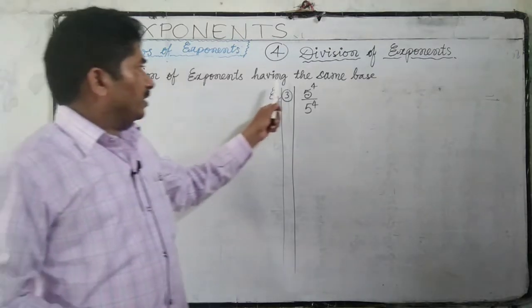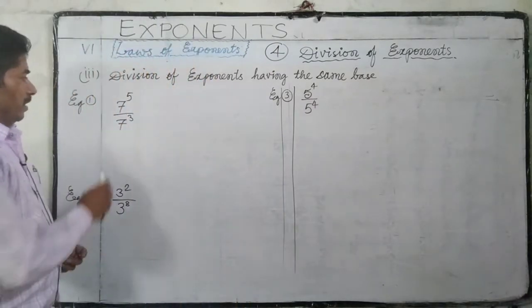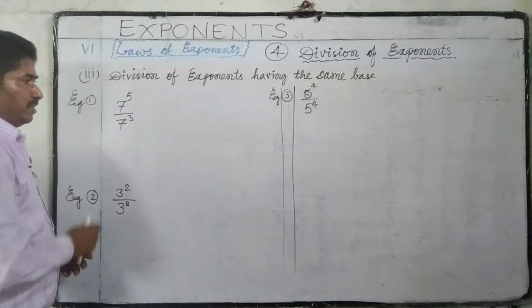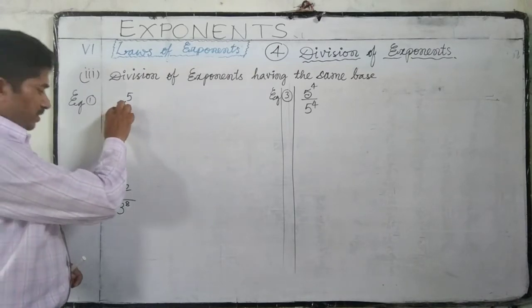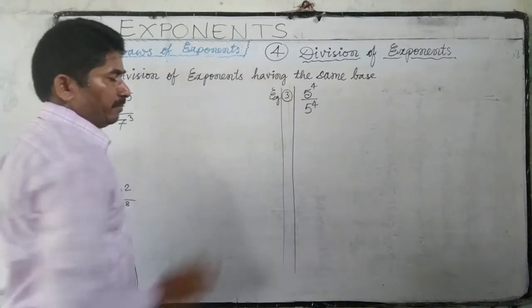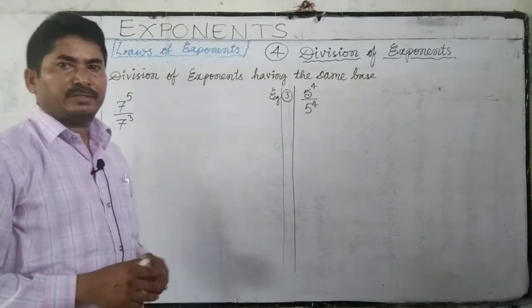Division of exponents having the same base. Here we have 3 examples. In all these examples, the bases are the same: 7, 7, 3, 3, 5, 5. So we can observe these examples.